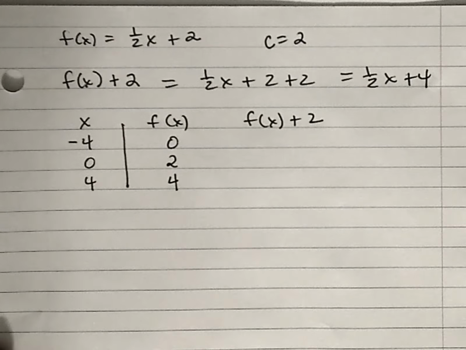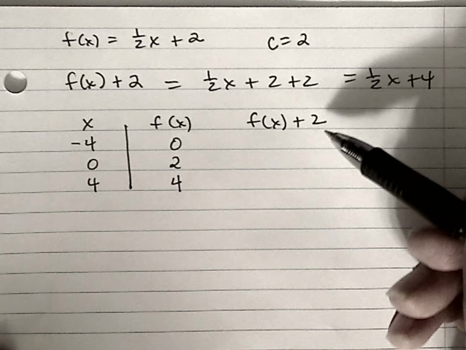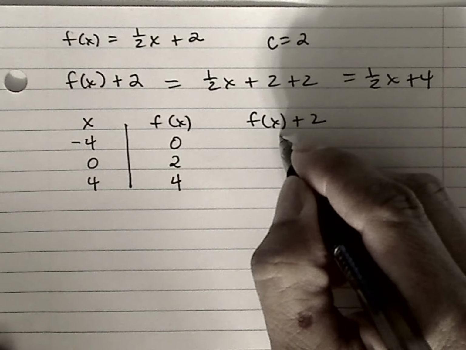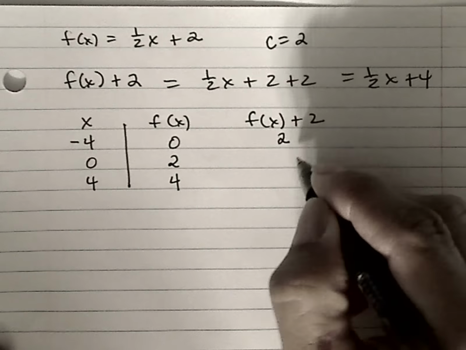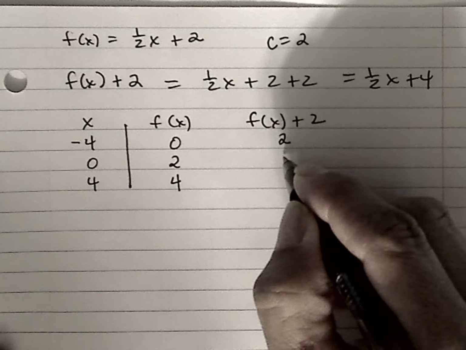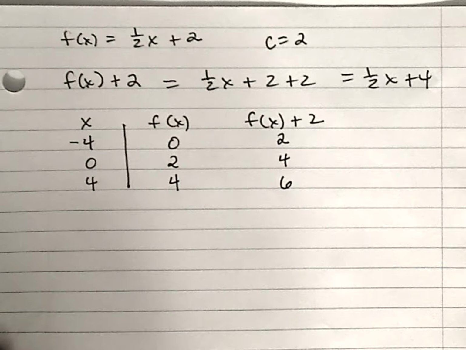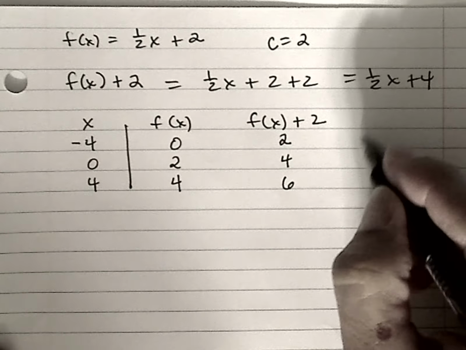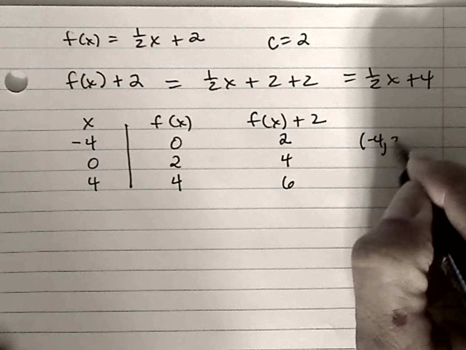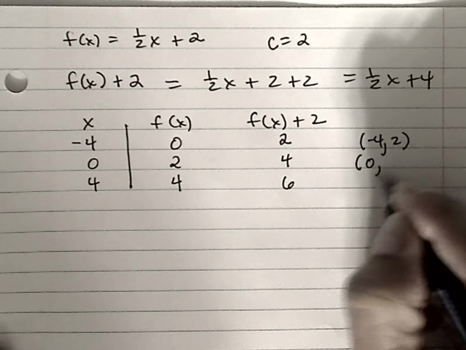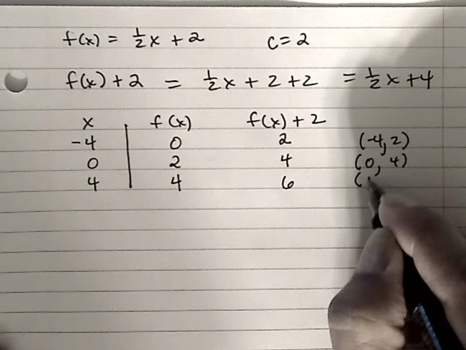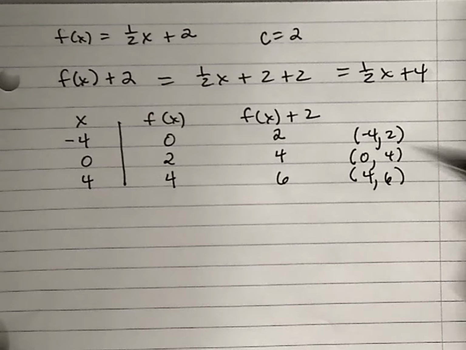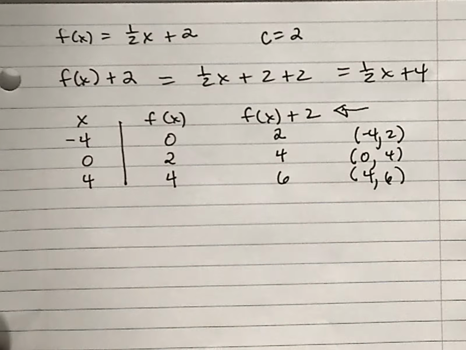Those are the points we plotted on our original graph. Now if we add 2 to all of our f of x values, this will give the column 2, 4, and 6. And what those will correspond to are these points: negative 4, 2; 0, 4; and 4, 6. Okay, so those are going to live on that graph.